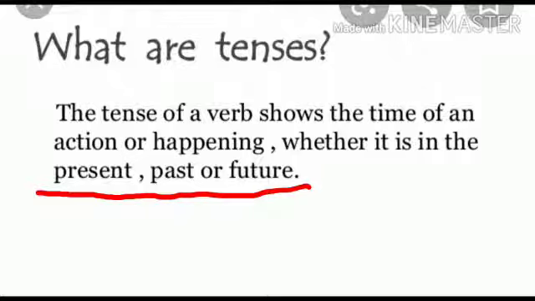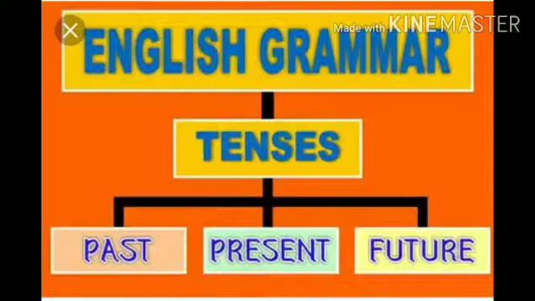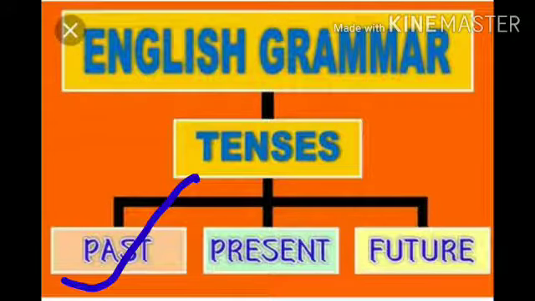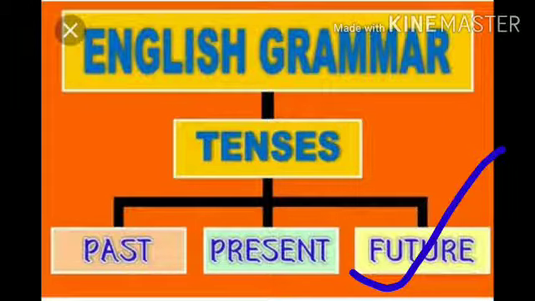It tells us whether the action was done in the past, or it is done in the present, or it will be done in the future. In English grammar, the tenses are generally divided into three parts, that is past tense, present tense and the future tense.